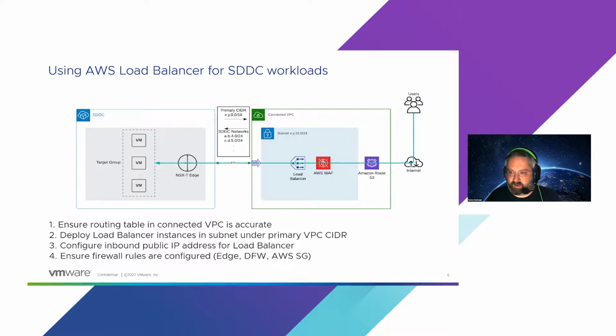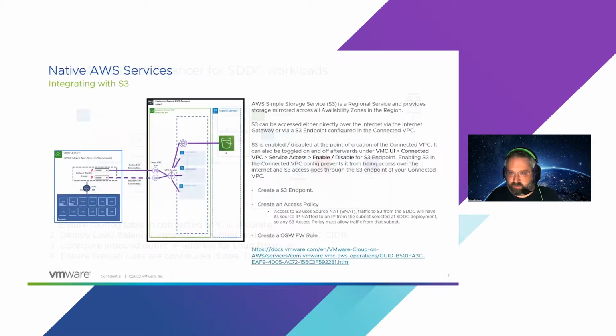So you could bring that in there, configure Route 53 to point at the IP that you migrated over, and associate that with the load balancer and the WAF in order to access the workloads. So those are two examples of services we use, and I'll turn it over to Caesar to cover some additional ones.